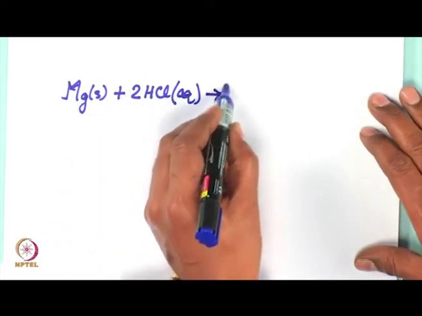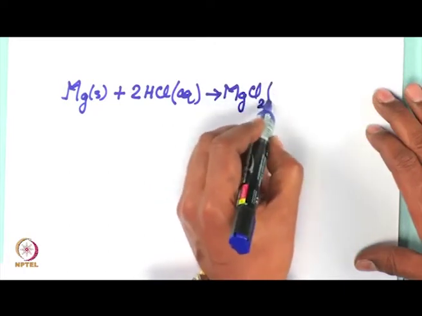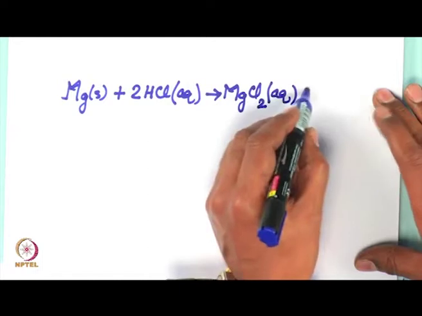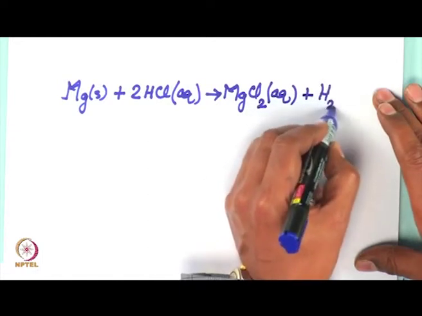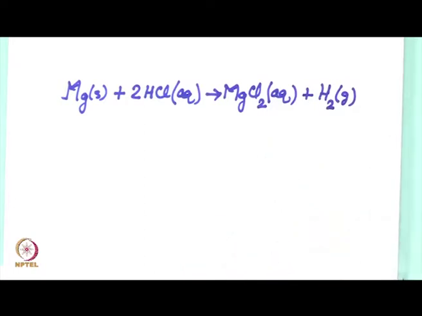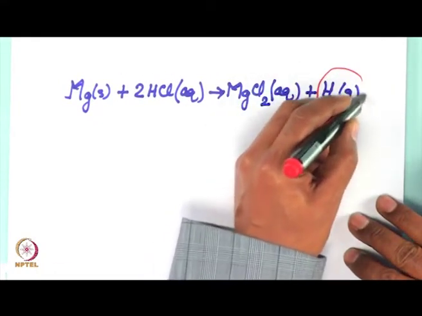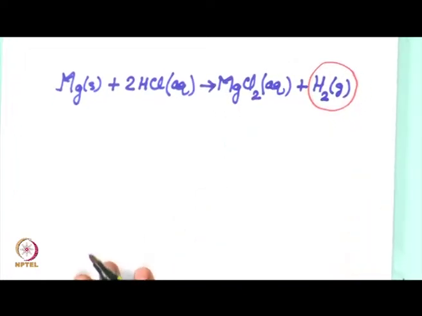What you get is magnesium chloride plus hydrogen gas. So, it is this hydrogen gas which will drive back the surroundings and work will be done.